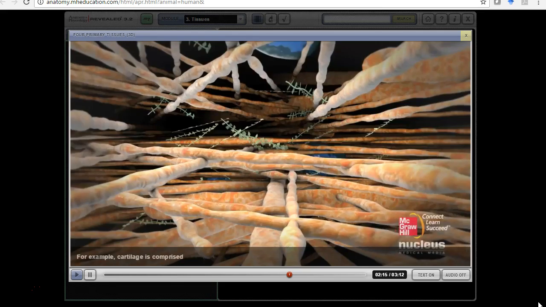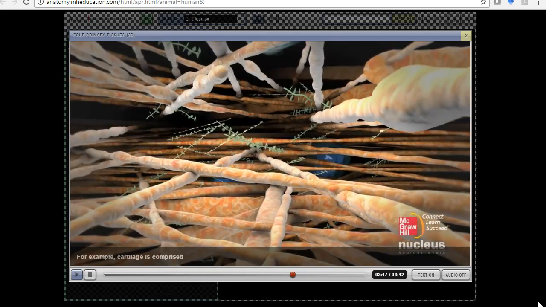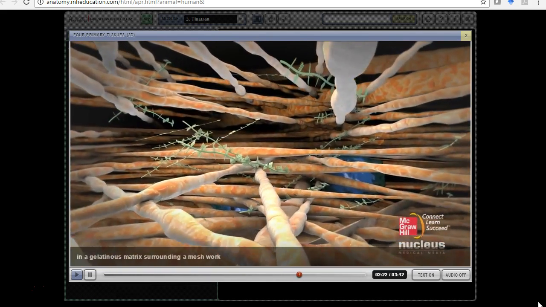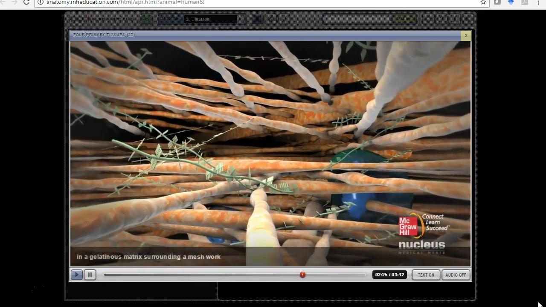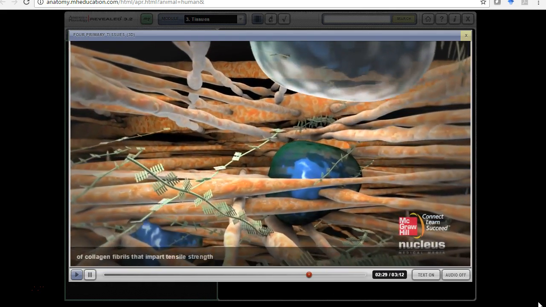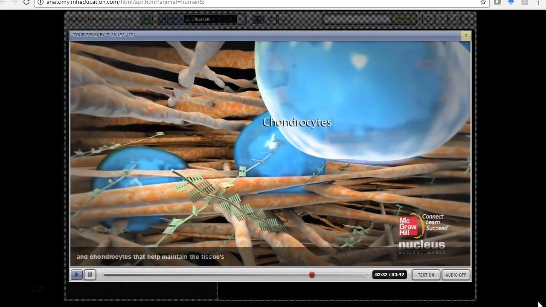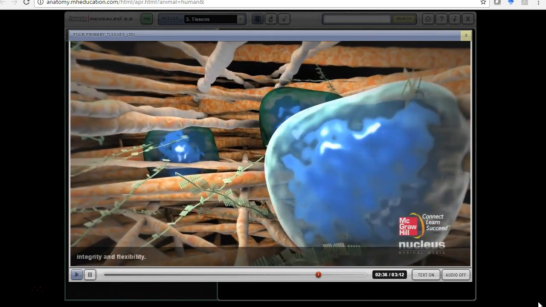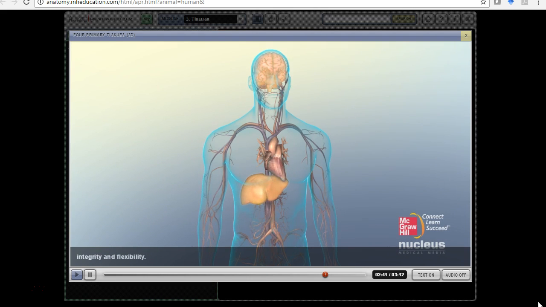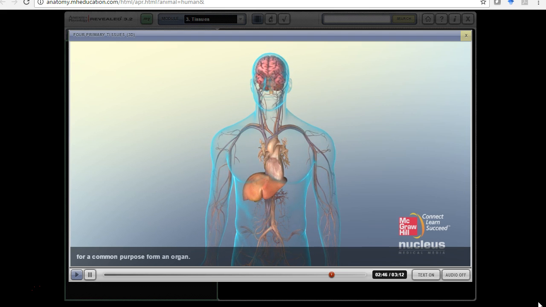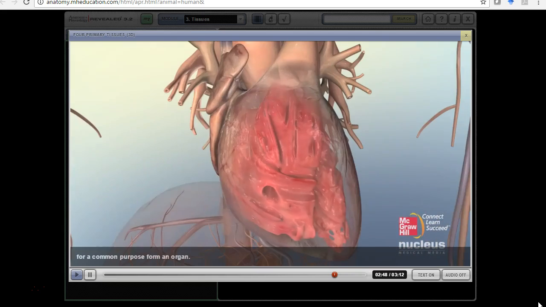For example, cartilage is comprised of proteoglycan molecules in a gelatinous matrix surrounding a meshwork of collagen fibrils that impart tensile strength, and chondrocytes that help maintain the tissue's integrity and flexibility. 2 or more tissues that work together for a common purpose form an organ.